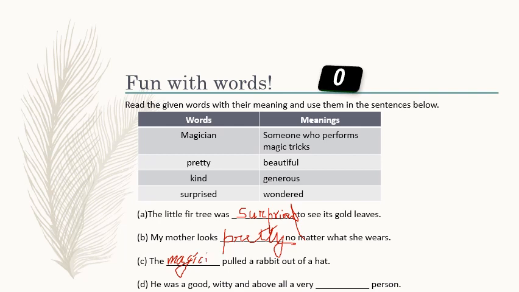So, the magician pulled a rabbit out of a hat. And now we have the last. He was a good, witty, and above all a very, we have left with kind person.